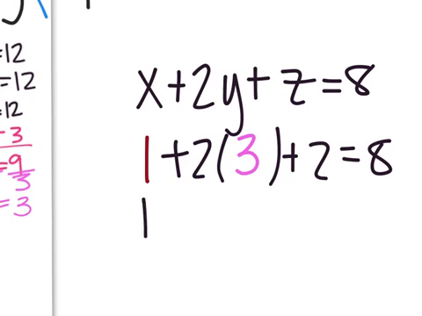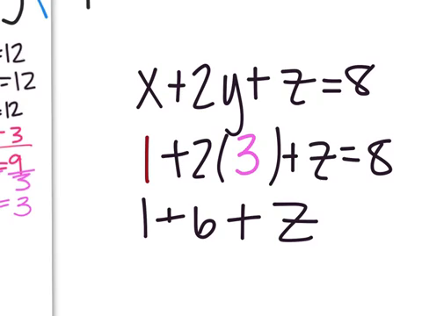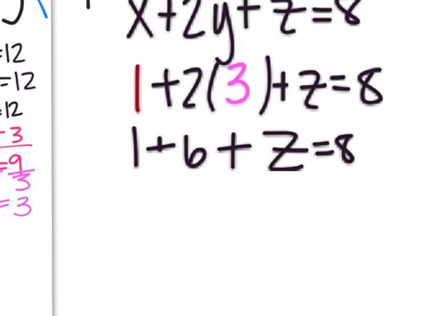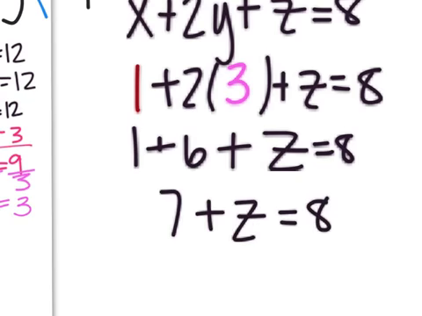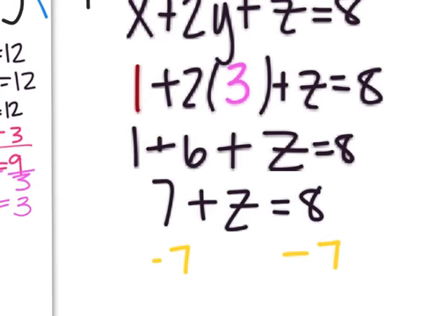Well, that's 1 plus 6 plus z. Sorry, let me make sure I cross my z's so they don't look like 2's. Equals 8. What's 1 plus 6? 7. So really I get 7 plus z equals 8. And how do I solve that for z? Minus 7. And I get that z equals 1.